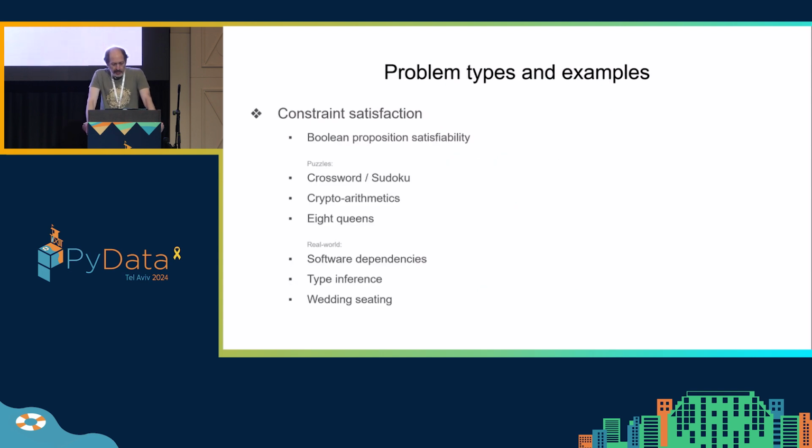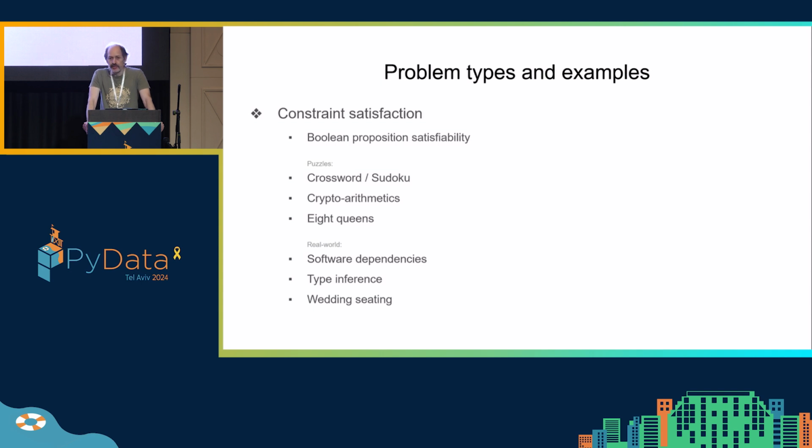So some common types and examples for combinatorial optimization problems. We will mostly speak about the general domain of constraint satisfaction. The canonical problem here is when you have a Boolean proposition and you want to check if it's satisfiable or not. In the puzzles domain or recreational math, we can think about solving crosswords or Sudoku.